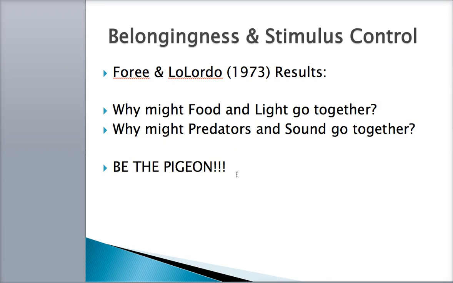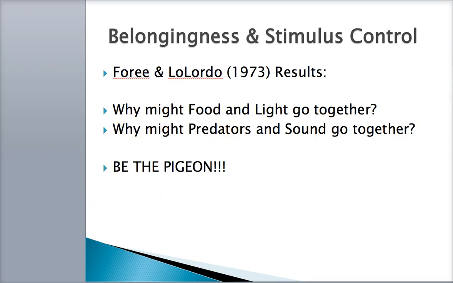Primarily because hearing a predator before you can see it is probably a good idea. If you have to wait till you see it, it could be too late. So although they will use both hearing and vision to detect predators, they rely primarily on hearing, on sound. And so predators and sound go together.